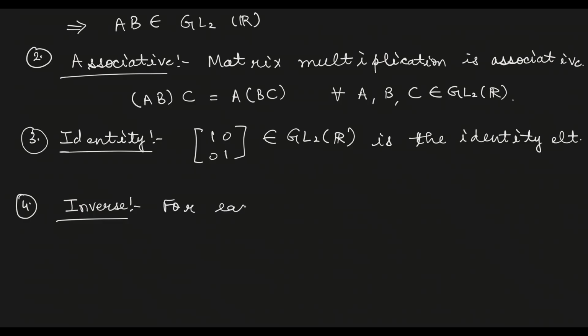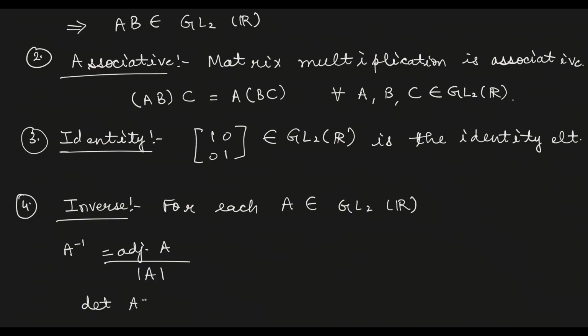For each A belongs to GL2R, A inverse is adjoint of A divided by determinant of A. So determinant of A inverse is determinant of A whole inverse. And determinant of A is non-zero because A belongs to GL2R.